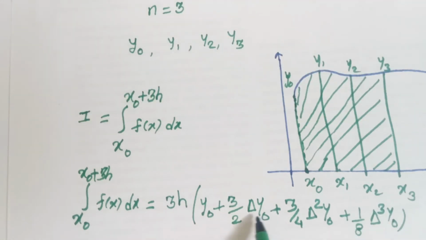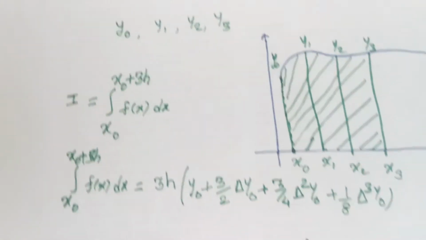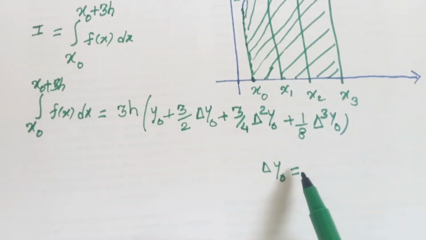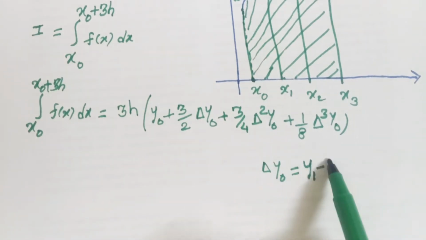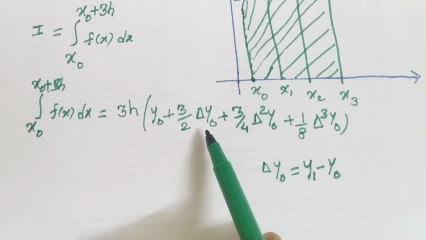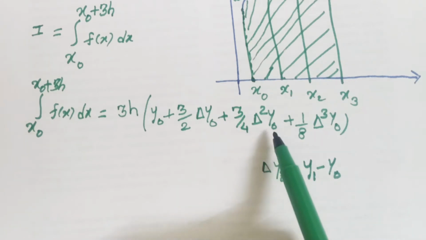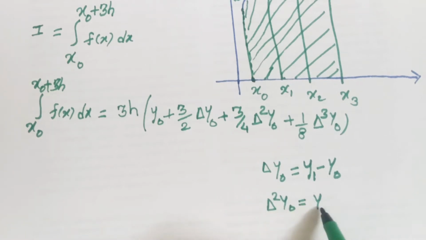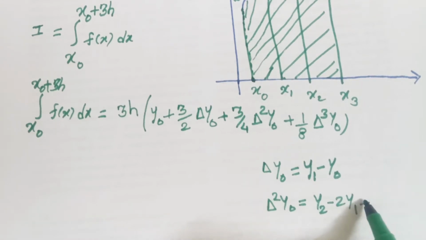Now we know the meaning of delta y0: delta y0 is nothing but y1 minus y0. If we again apply delta on this, we get delta square y0, whose value is y2 minus 2 times y1 plus y0.